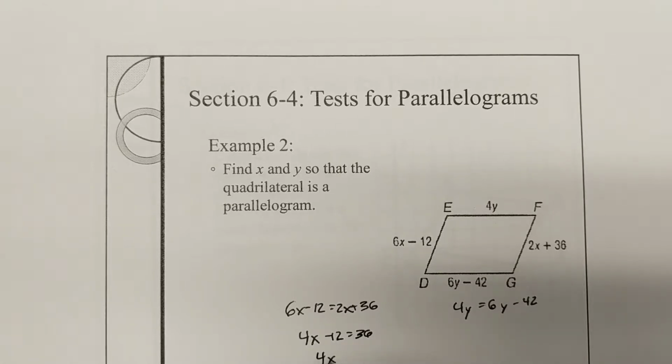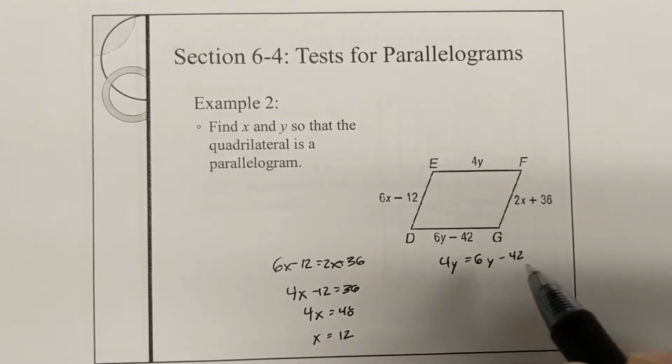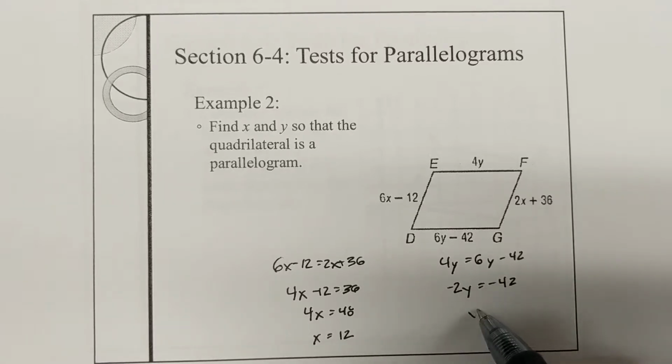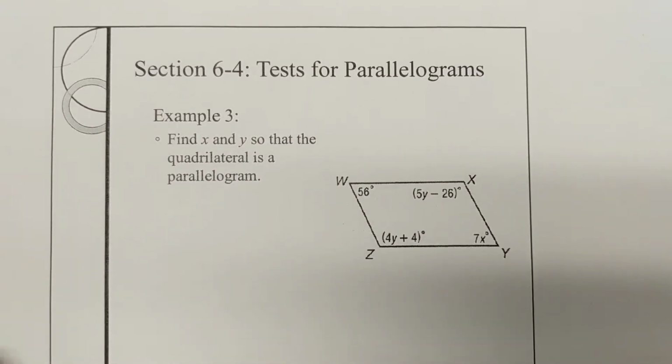Bring the 12 over, 4x equals 48, divided by 4, x is 12. For the y's, bring this guy over, negative 2y equals negative 42, divide by negative 2 gives me 21.